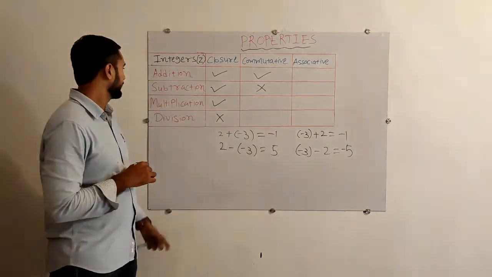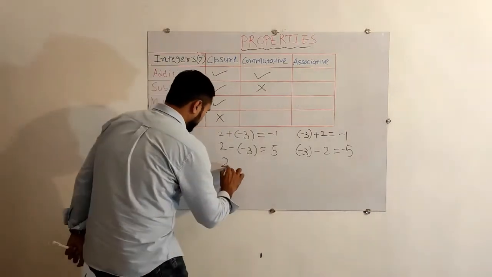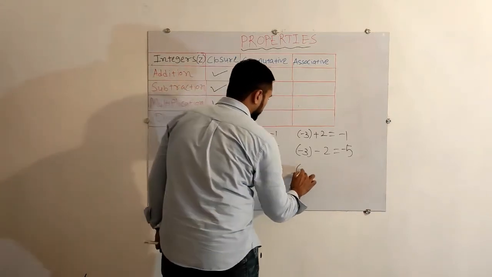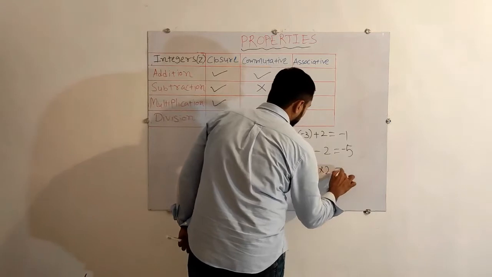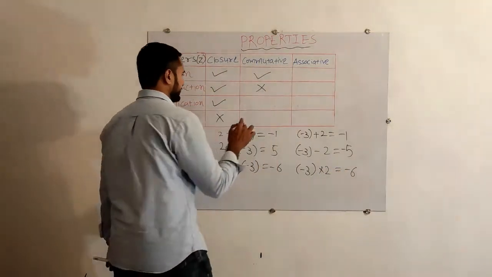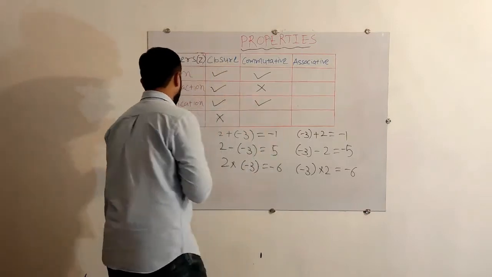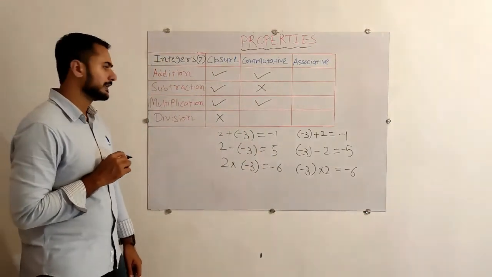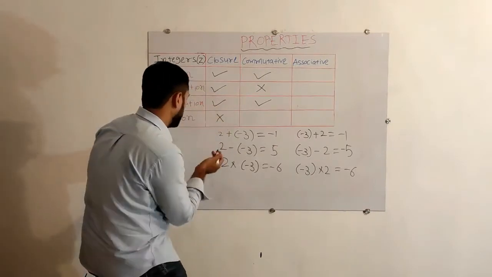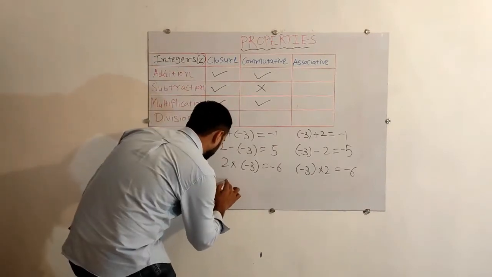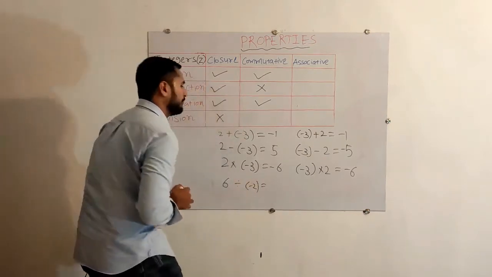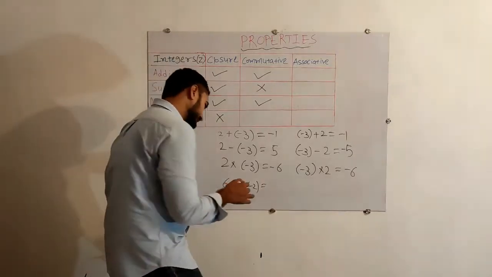For multiplication, it's 2 multiplied by minus 3, that is minus 6, and minus 3 multiplied by 2, that is also minus 6. So we got the same answer. It means yes. And the division, just check it. We take two numbers like 6 divided by minus 2. The answer will be minus 3.